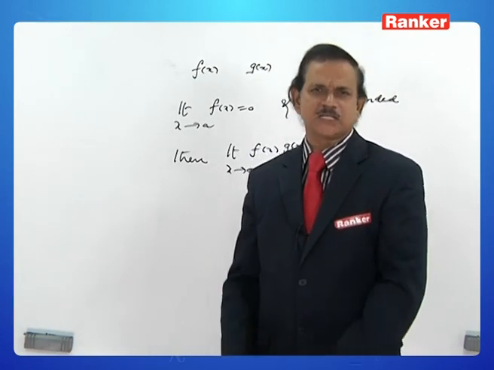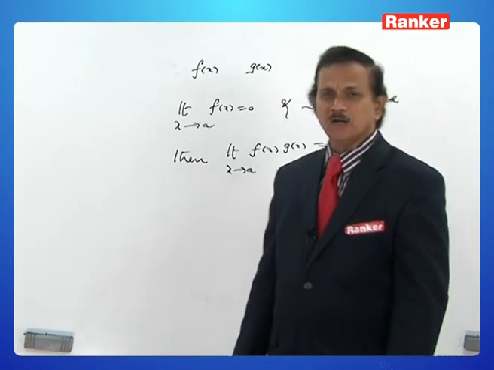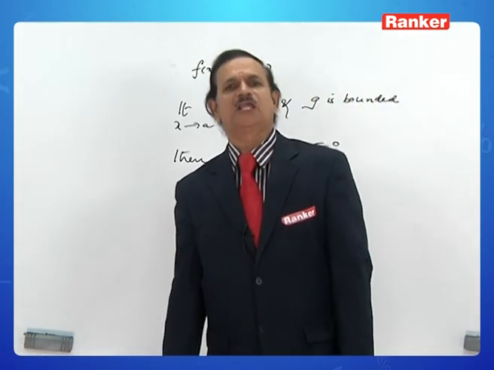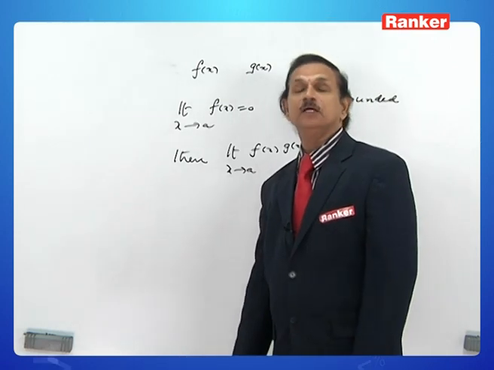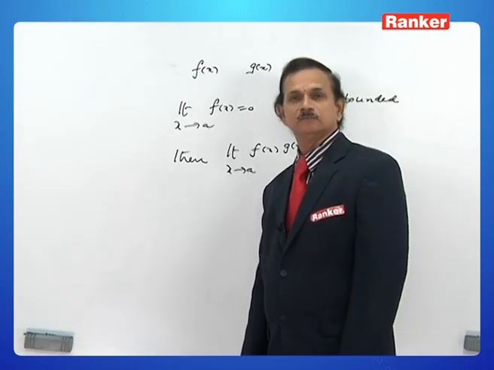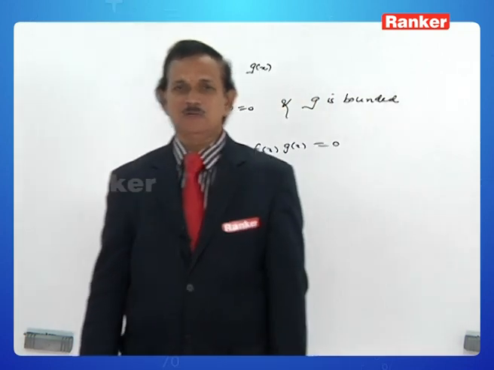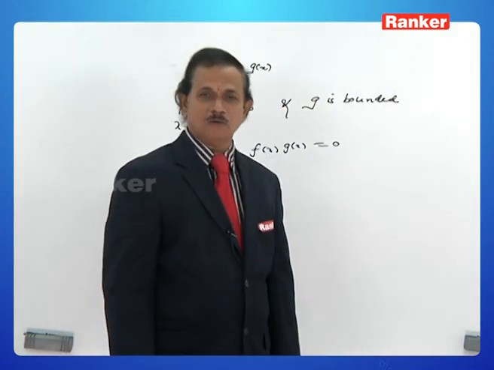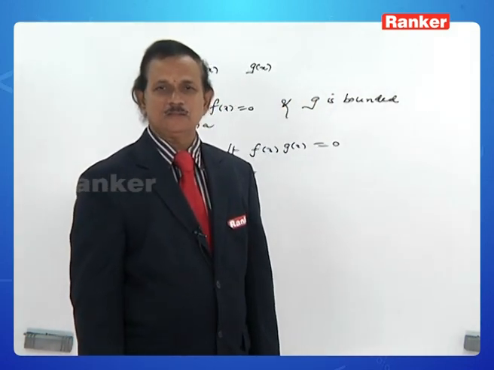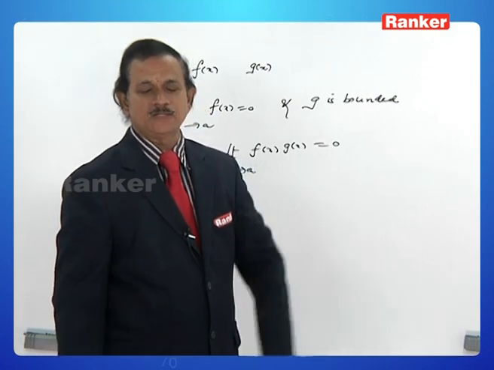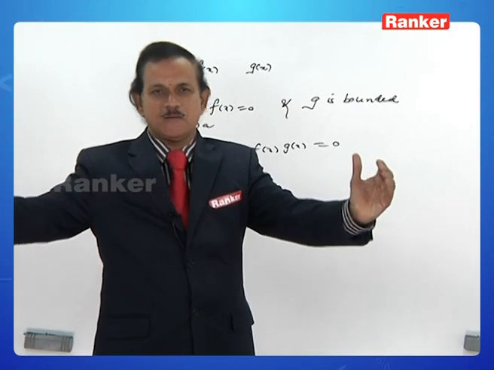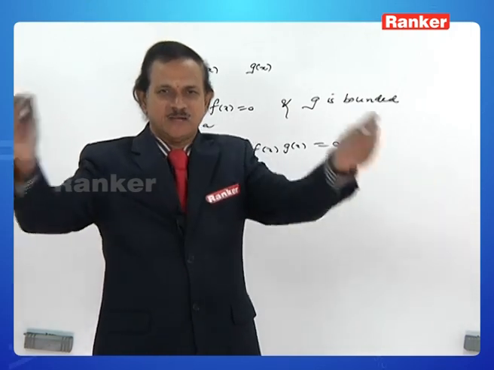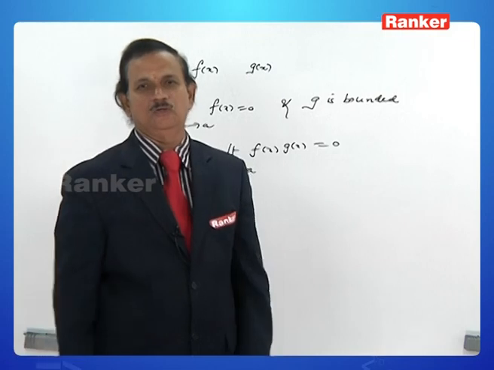Or equivalently, mod g of x is less than or equal to k, then you can say g of x is bounded. You must be able to know that there is an upper bound and a lower bound for that function. That is, it always lies between two real numbers. The range of that function lies between so and so.